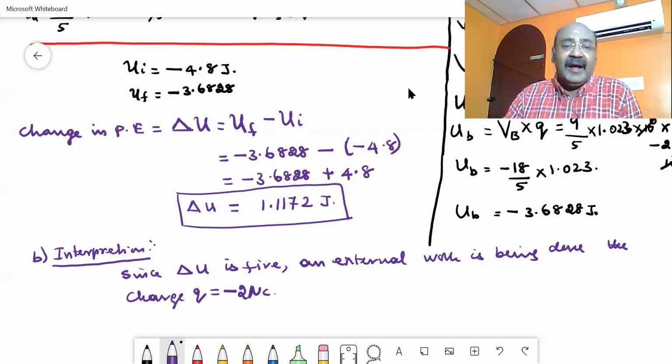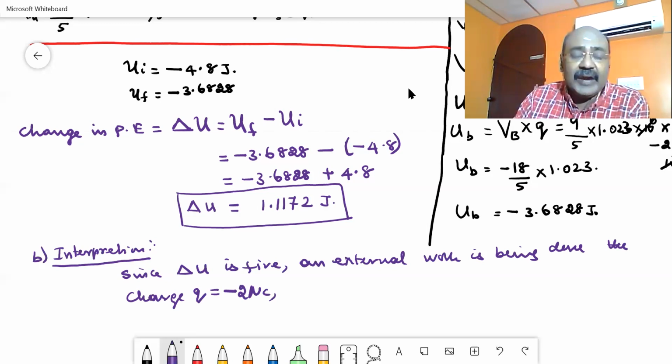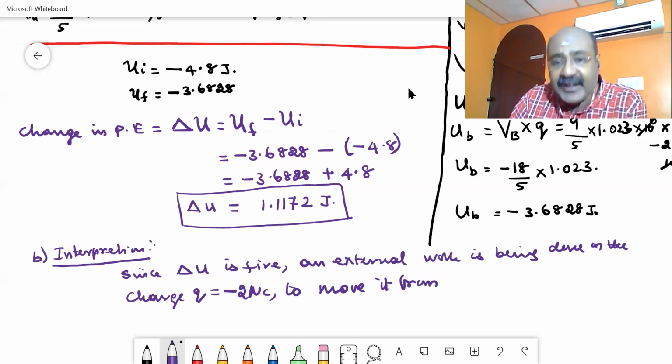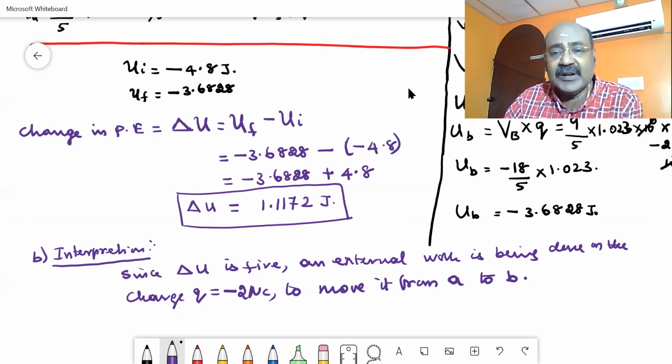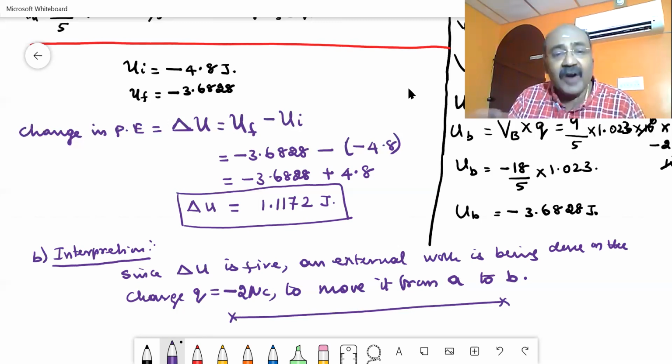External work is done on the charge q equal to minus 2 microcoulomb to move it from where? From the point A to the point B. This is the conclusion or interpretation of the answer that we have got here.